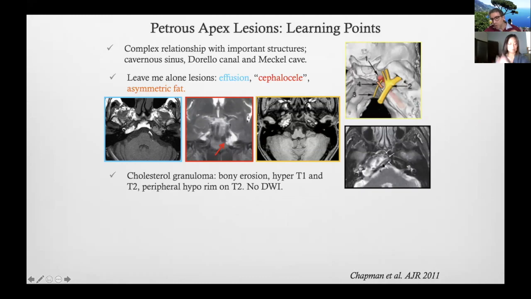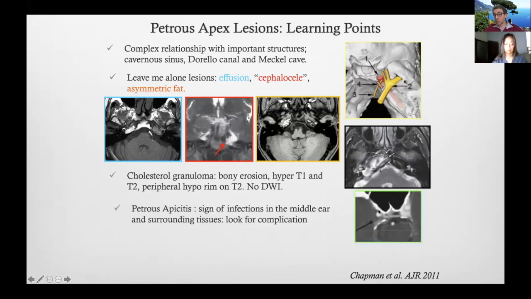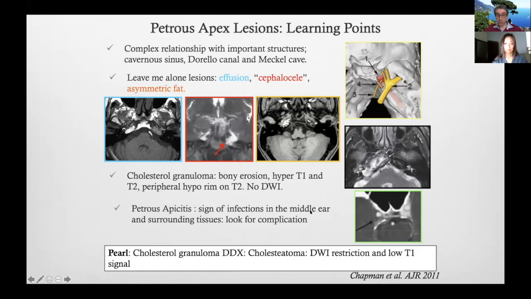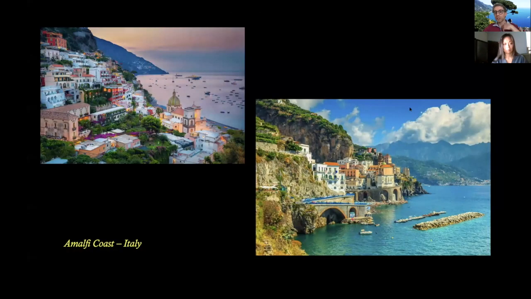This is from a book, rim areas of T2 hypointensity because of the bleeding. And look for complications like cavernous sinus thrombosis. We have a couple of cases that were very difficult to manage. Of course, you can have cholesteatoma also in the petrous apex, but remember that cholesteatoma will show diffusion restriction. This is the Amalfi Coast, and if there is any question, I hope you like these cases.